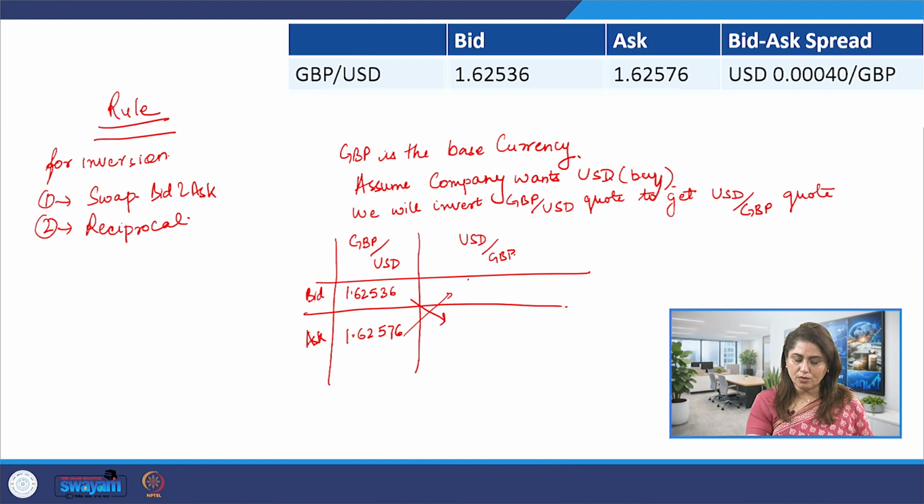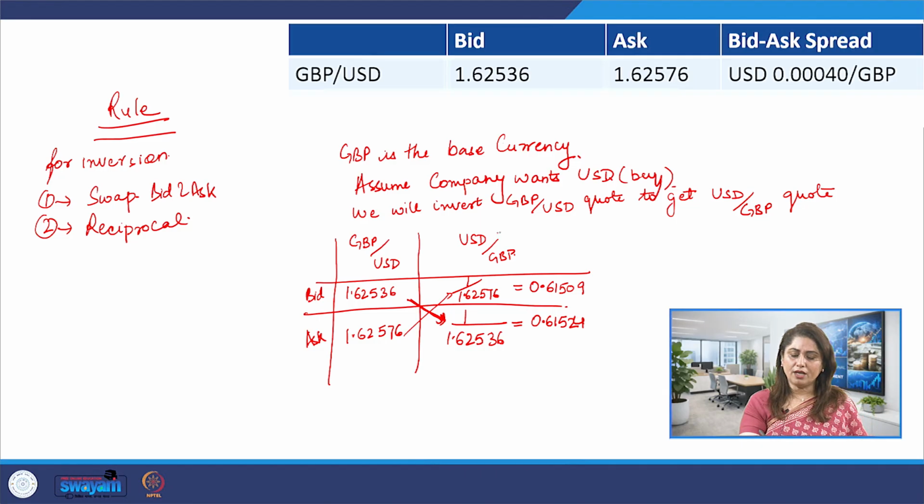So here the reciprocal will not be 1 upon 1.62536, it is going to be 1 upon 1.62576. So we have 1 upon 1.62576. This gives us 0.61509. And now the reciprocal will be of the bid swapped to the ask, 1 upon 1.62536, which gives us 0.61524.